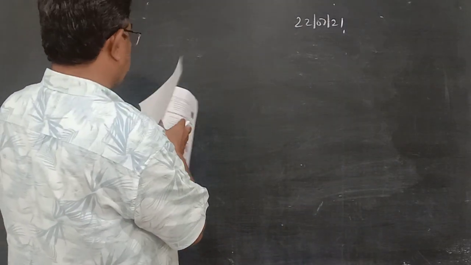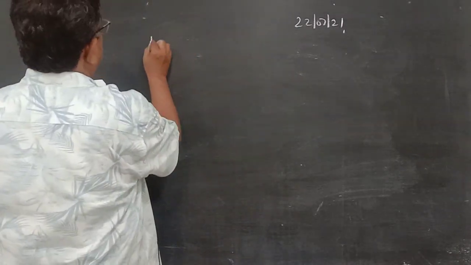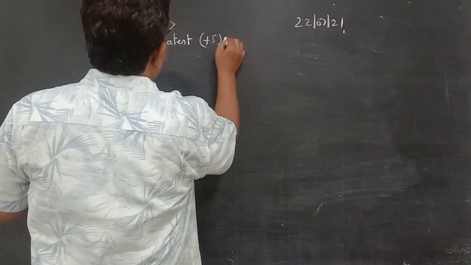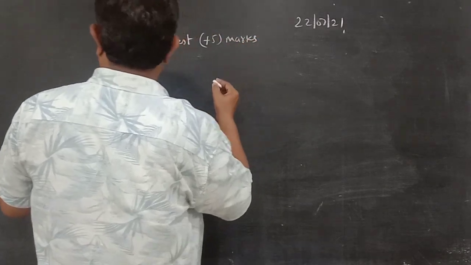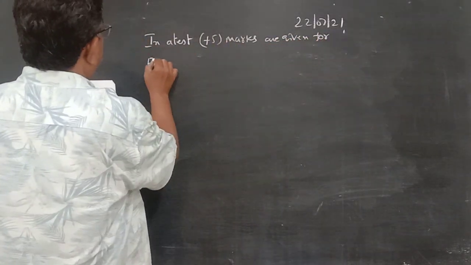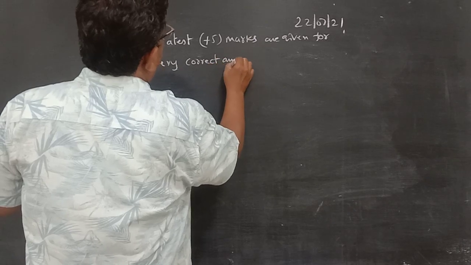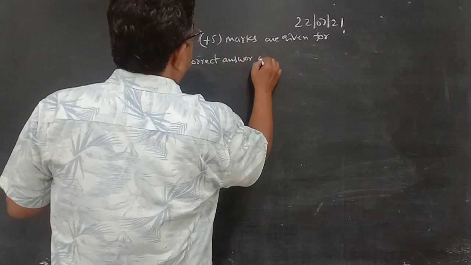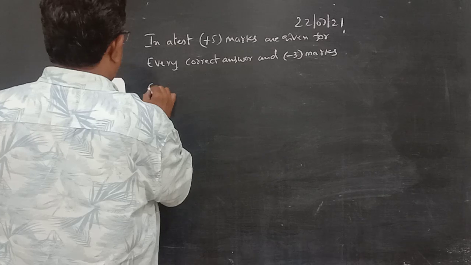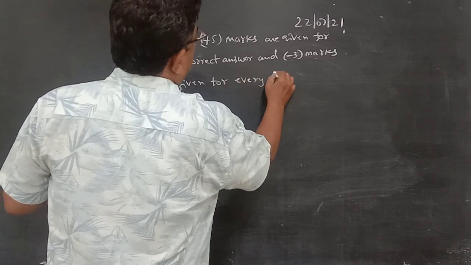Next, in a test, plus 5 marks are given for every correct answer and minus 3 marks are given for every incorrect answer.